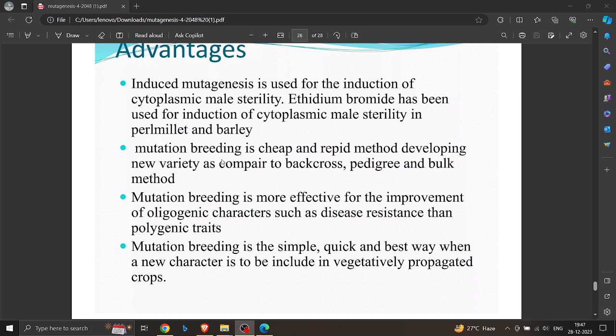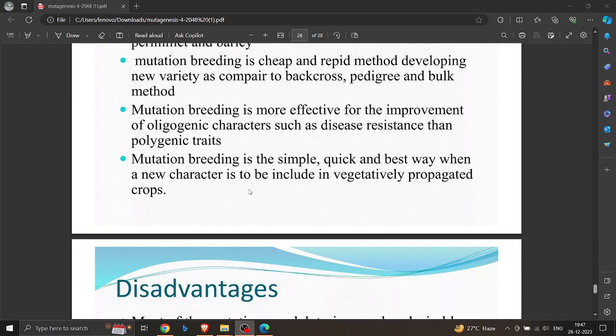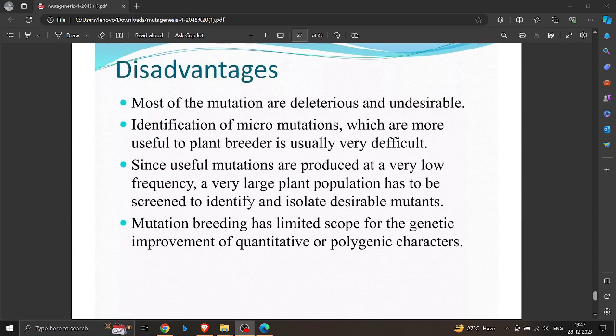Mutation breeding is a cheap and rapid method of developing a new variety as compared to the backcross, pedigree and bulk methods. Mutation breeding is effective, simple, quick and the best way when a new character is to be induced in vegetatively propagated crops. What are the disadvantages?